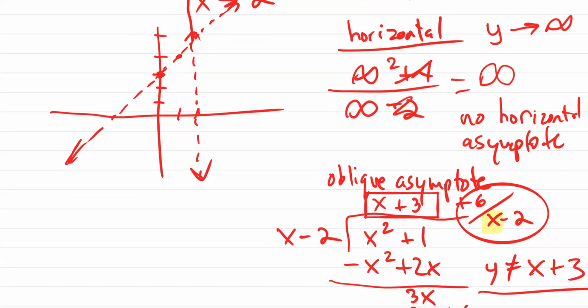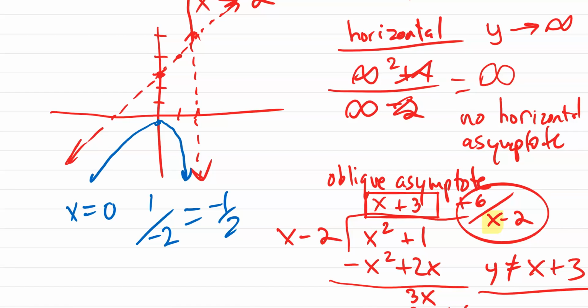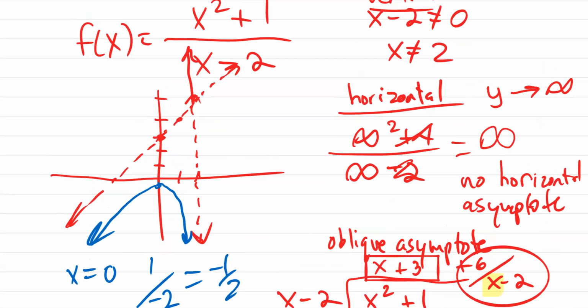So I'm going to check here if x equals 0. 0 squared plus 1 is 1. 0 minus 2 is negative 2. We got negative 1/2. The graph at 0 goes down here to negative 1/2. That tells me it's in this region. It also tells me it's going to be up here in the top region.